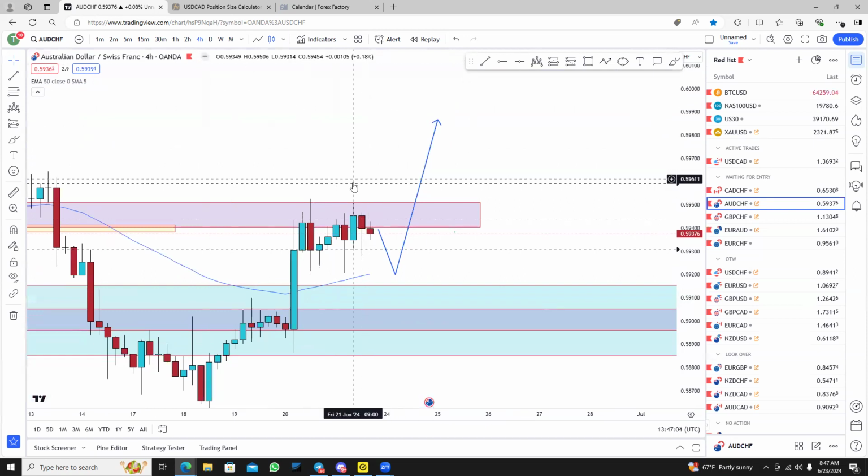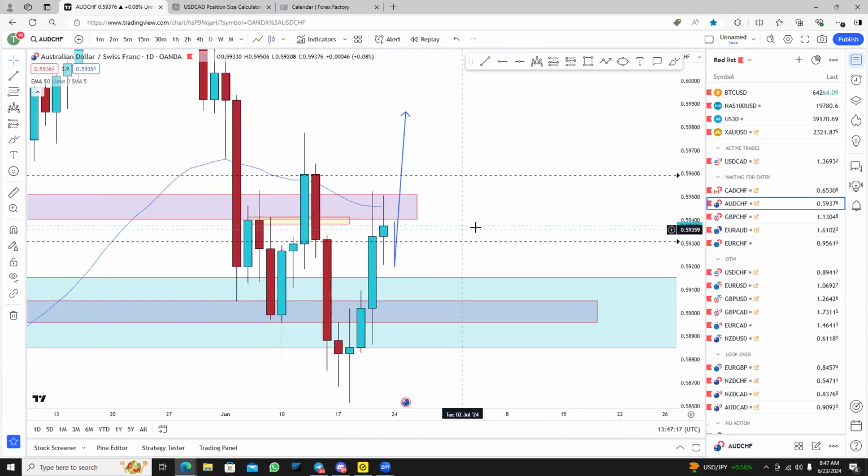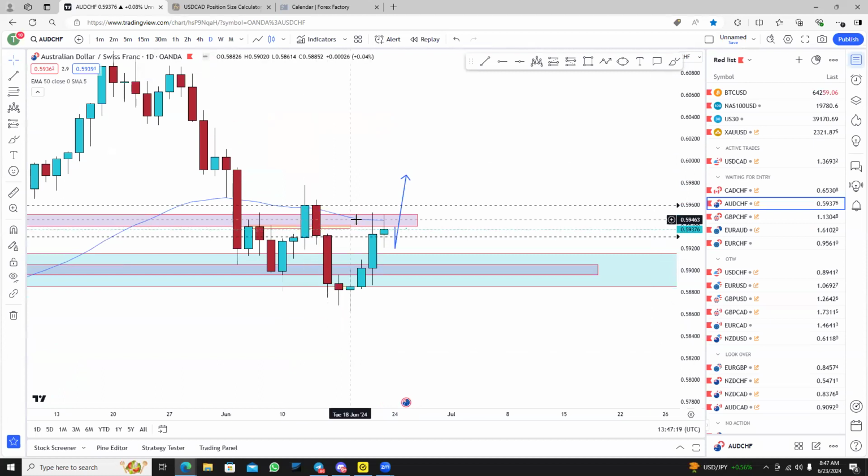We want to see it break the daily high here and close bullish. So this is a high risk trade. It's early. We might be able to get absolute bottom. I mean, obviously absolute bottom was down here, but we want to try to catch this to the low.